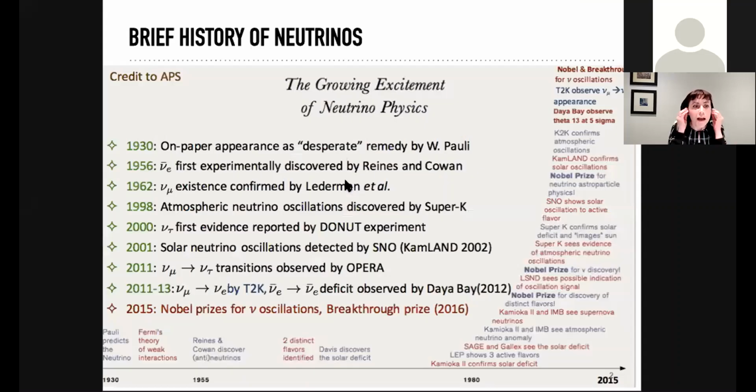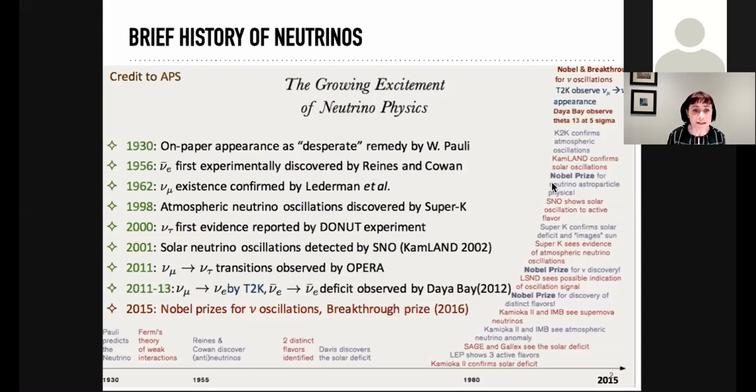Now, the history of neutrinos. Neutrinos started fairly low, with people not knowing what they were. Back in 1930, there was a paper as a desperate attempt to solve the unknown in the beta decays that were observed, something that violated energy and momentum conservation.